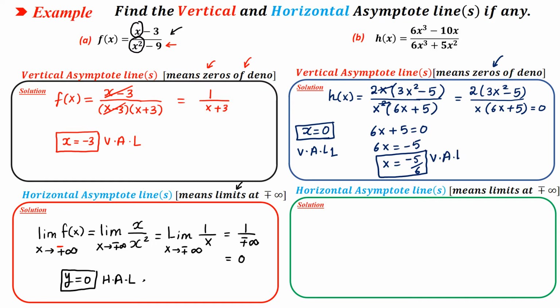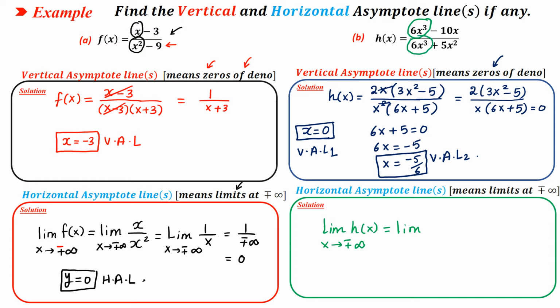Now what about the horizontal asymptote line? The horizontal asymptote line means you have to take the limit of the function at infinity and negative infinity. So the limit of h of x when x goes to positive and negative infinity equals the limit of the highest power up divided by the highest power down.